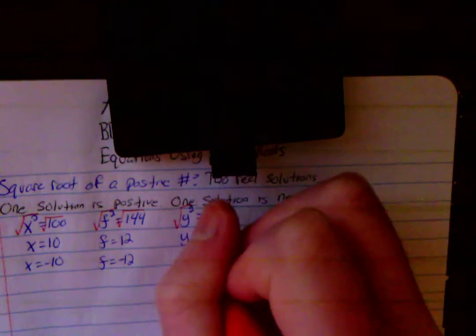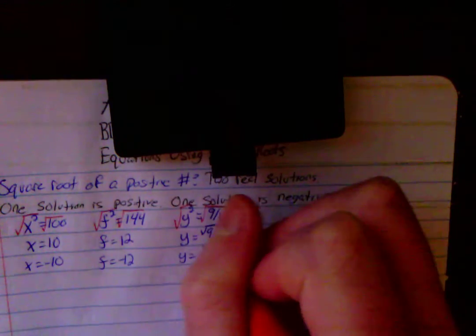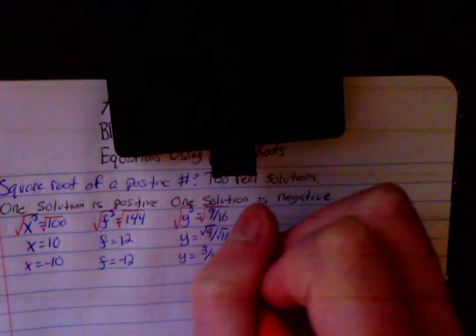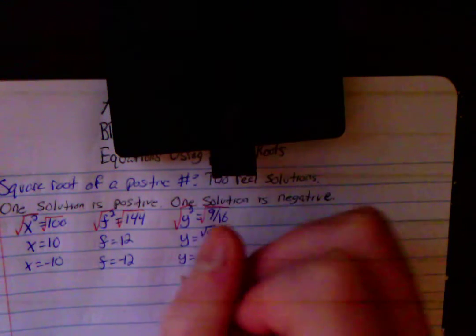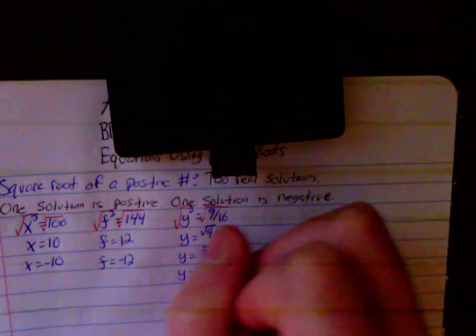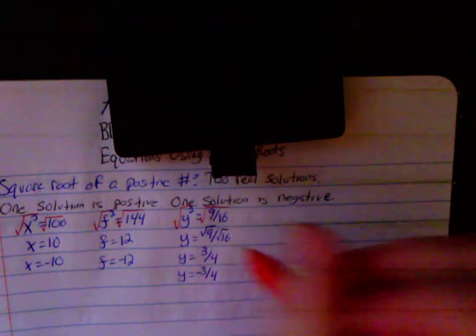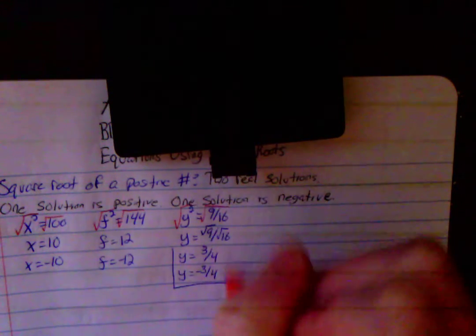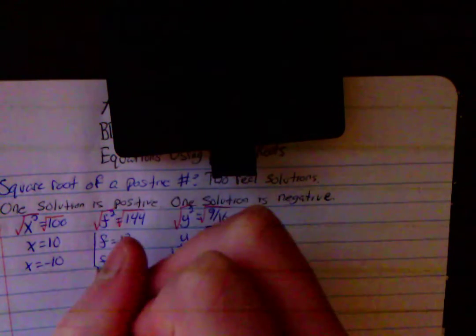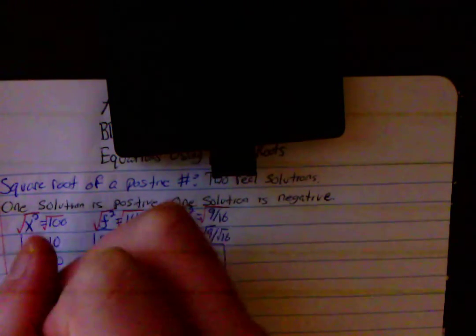And I know that the square root of 9 is 3 and the square root of 16 is 4. But you would also have y equals negative 3 over 4. Okay? So those would be your answers.